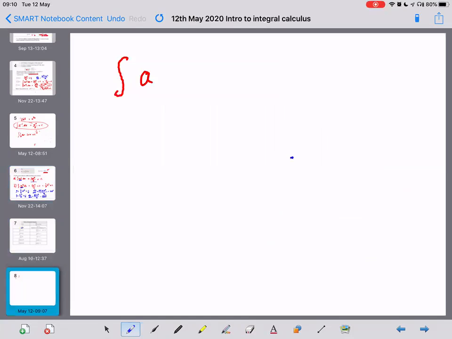So what I'd want to do is just look at this one. If we're integrating a with respect to x, we can write a as a times x to the 0, and that's still equal to a because x to the 0 is 1. If we then apply the rules to that, we keep a, we add 1 to the index, and divide by the new index.